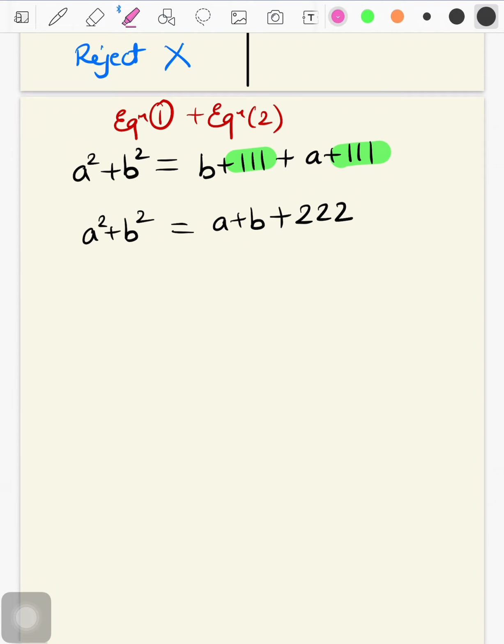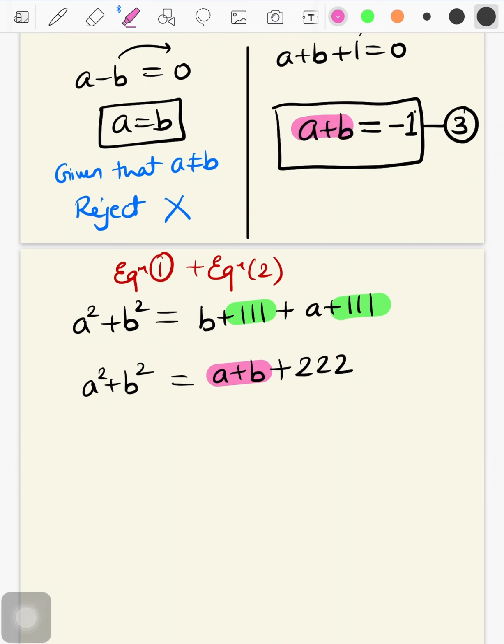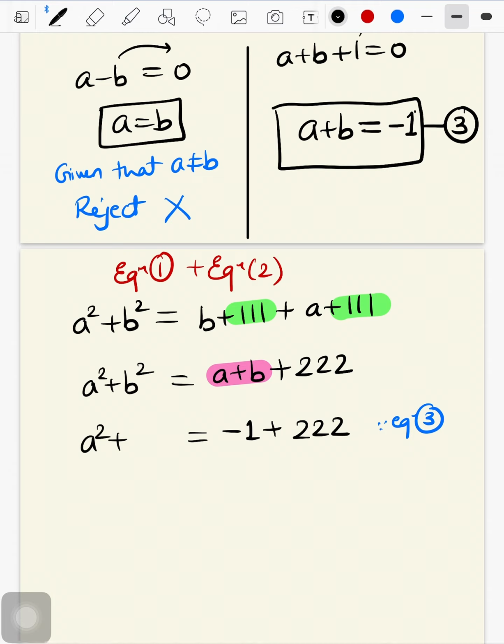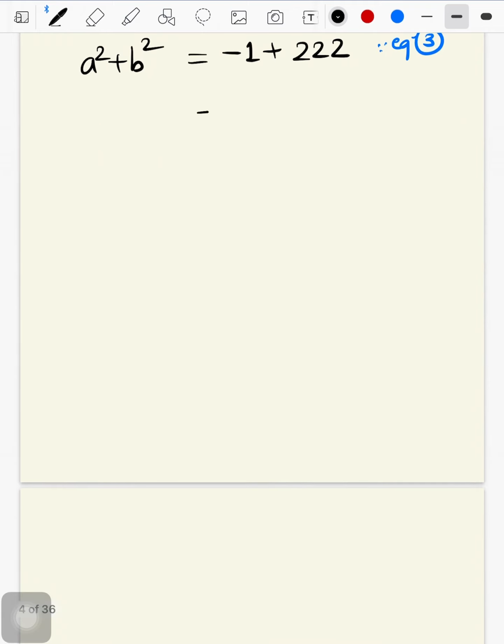One thing I can see is that a plus b is here, and in equation 3, what is the value of a plus b? Minus 1. So in place of a plus b, we are putting minus 1 plus 222, and we have substituted it from equation 3. Now when you subtract 1 from 222, you will get 221, and this is a square plus b square.